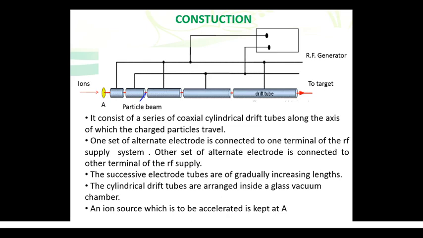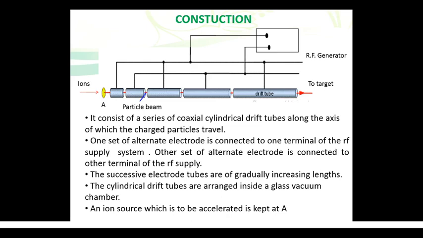That means during a half cycle, the particle will move inside the drift tube. Whenever this particle reaches the end, the polarity gets reversed. Now the second drift tube becomes negative, so that the particle gets accelerated towards the next drift tube.